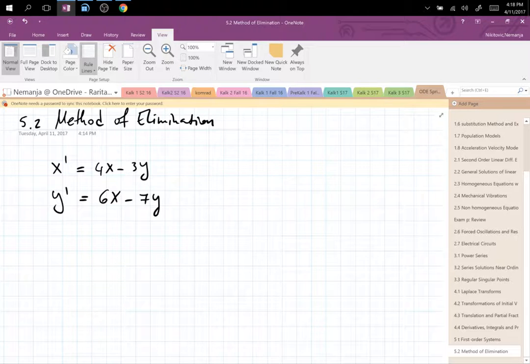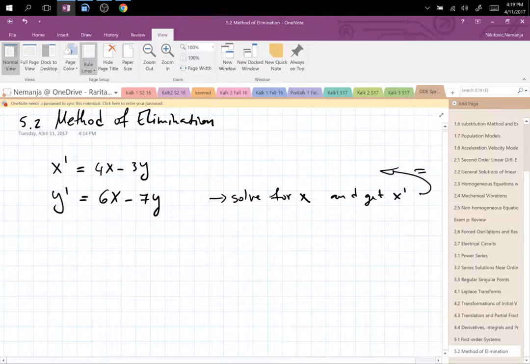So what I could do is solve this one for x and get the x prime, and then equal it to the other one.